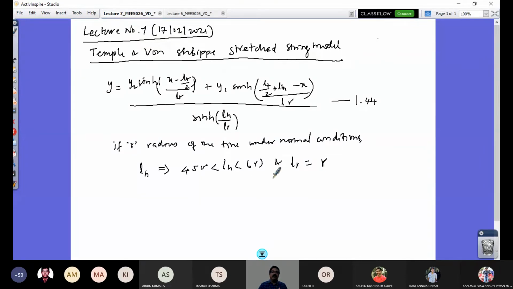This is a practical observation of typical truck tires. If I take these LR and LH values and substitute them, the hyperbolic function can be assumed to be an exponential function.